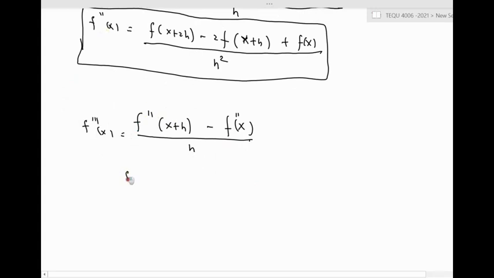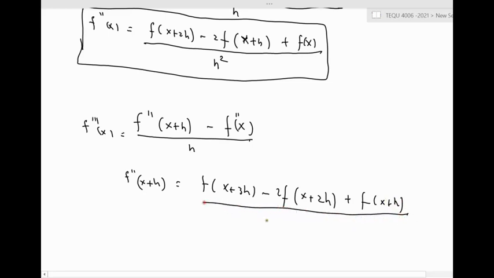So let's do that. The second derivative for x plus h, by definition, will be: anywhere you see the x, you plug in x plus h. That means that here you will end up with f of x plus 3h, now minus 2f of x plus 2h, and now the last one plus f of x plus h, and the whole thing divided by h squared.